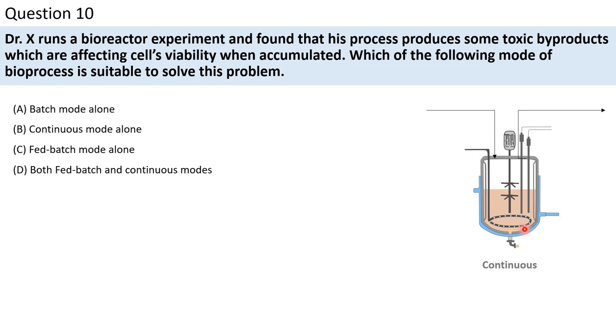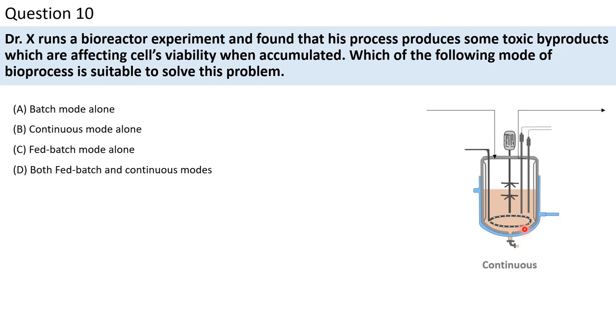Say, for example, if lactic acid is being produced by the cells, what happens? It's an acid, so the pH of the media reduces very drastically. After a certain concentration, say 10 gram per liter, the lactic acid will be affecting the cell's viability.